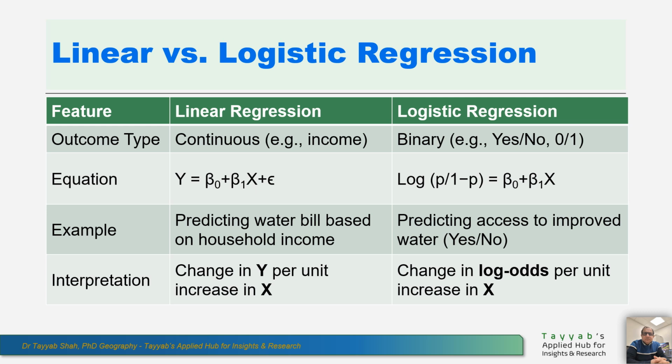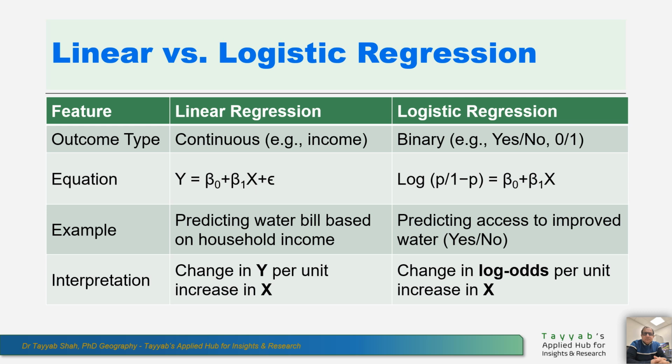And if you look at the model equation, we have y equal to the intercept and the coefficients of the independent variables. Here in logistic regression we use the log of the probability equal to, and then the coefficients of your independent variables.